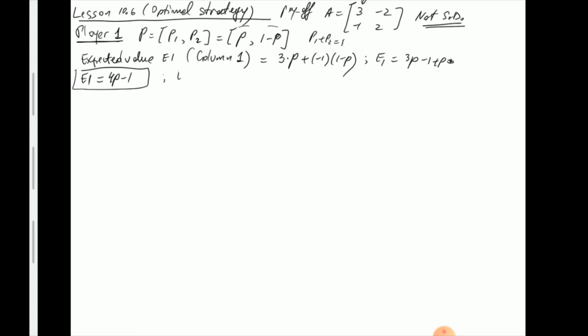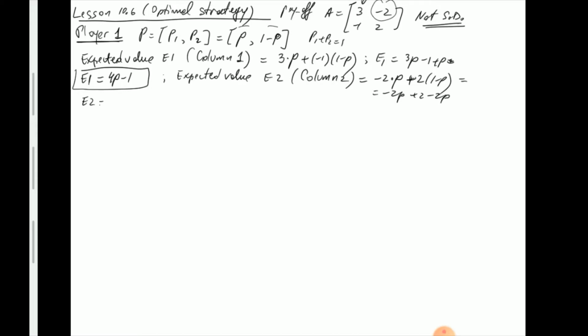The other possibility is the expected value E2, which is the response to the opponent choosing column 2. If the opponent chooses column 2, then the payoff is now -2 times P, so a loss of $2, or a gain of $2 with probability 1 minus P. Again, doing a little bit of computation here, this is -2P plus 2 minus 2P.